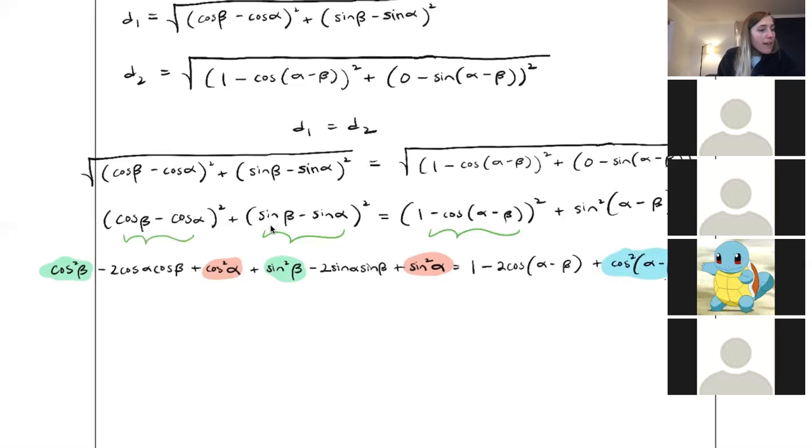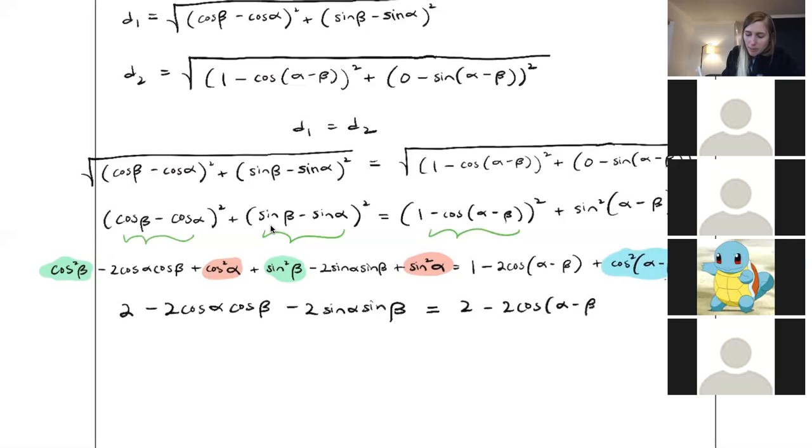So after we have applied the Pythagorean identities, the left-hand side will end up simplifying to be 2 minus 2 cosine alpha cosine beta minus 2 sine alpha sine beta, and then 2 minus 2 cosine alpha minus beta.